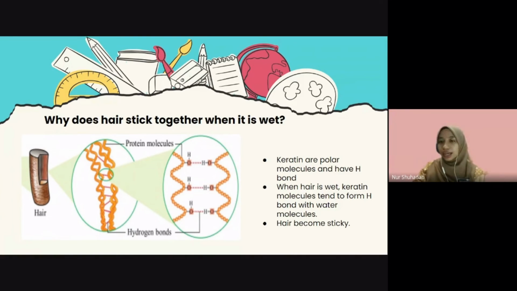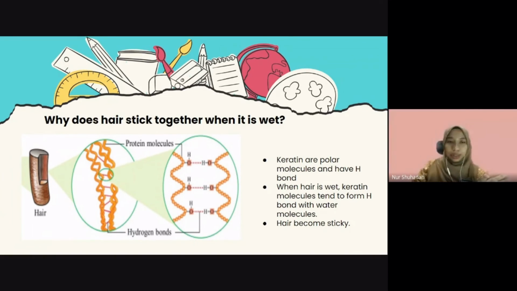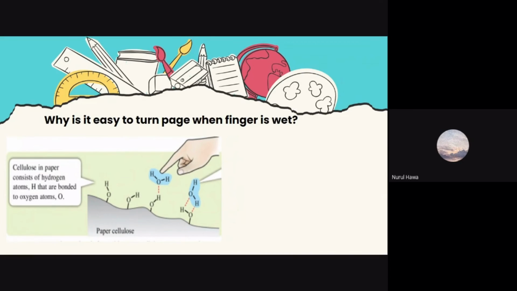Can you understand it, class? Yes. Okay. So why is it easy to turn a page when your finger is wet? Hawa, can you explain to me why it is easy to turn the page when the finger is wet? I'm not very sure, teacher, but I will try.